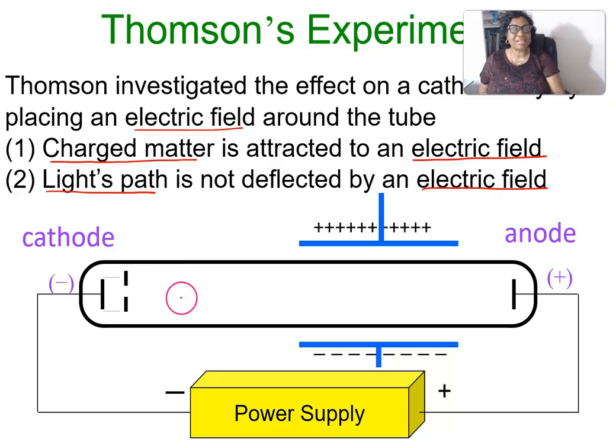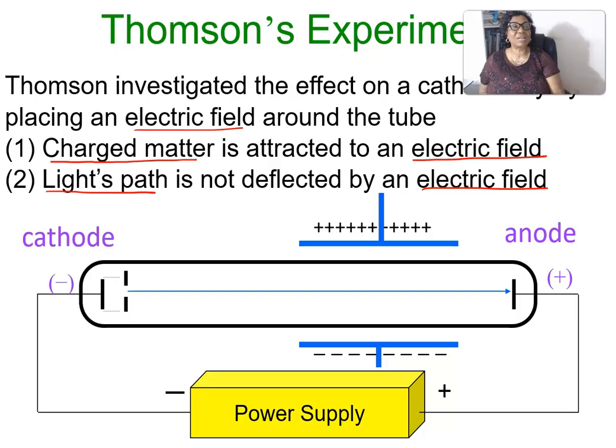Inside this tube there was a glow, a light. They didn't know whether it was just normal light or a particle. The only way to know whether it was a particle was if it is deflected by an electric field, which shows that it's charged matter. That is what he did with his study.